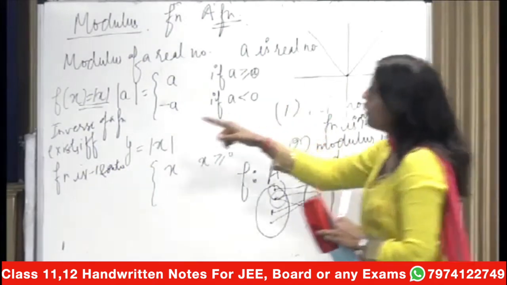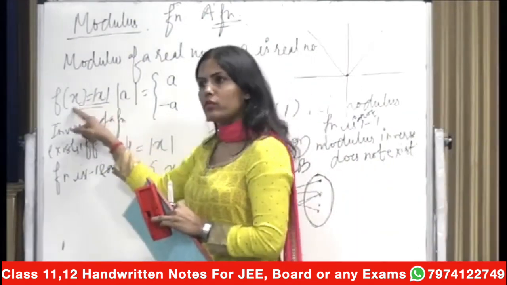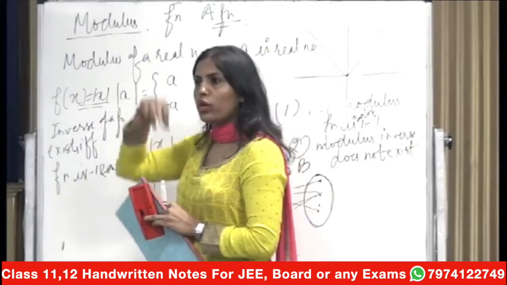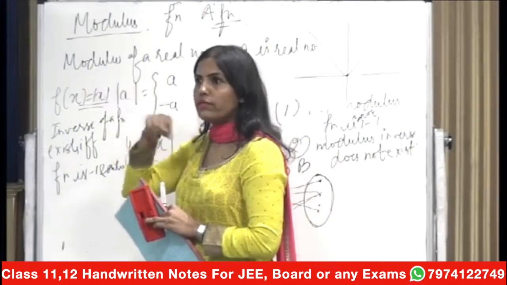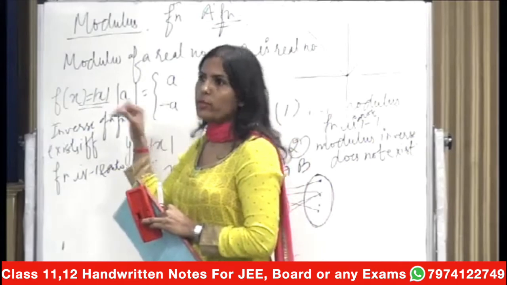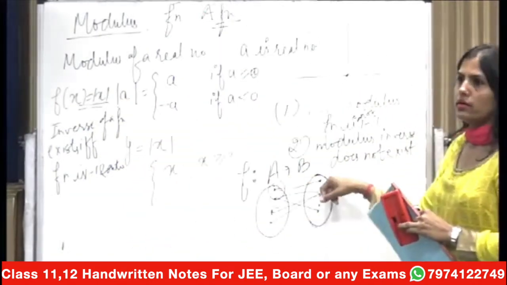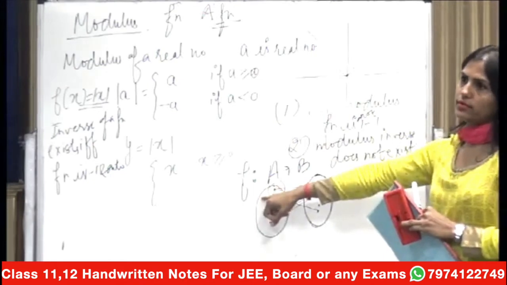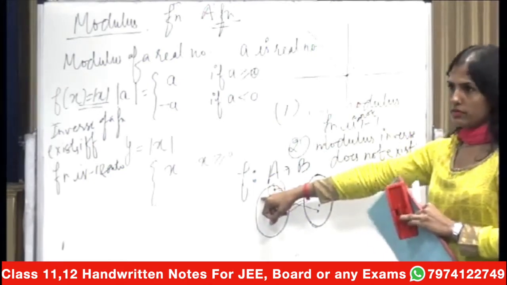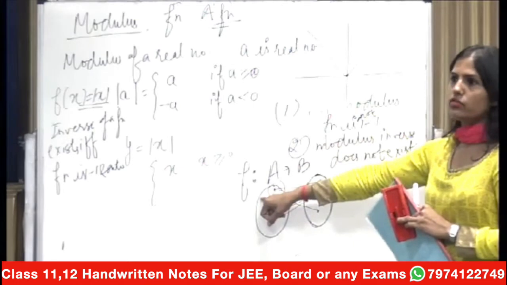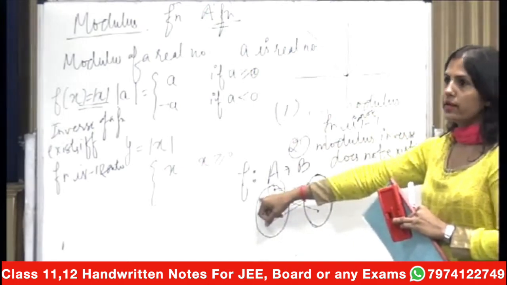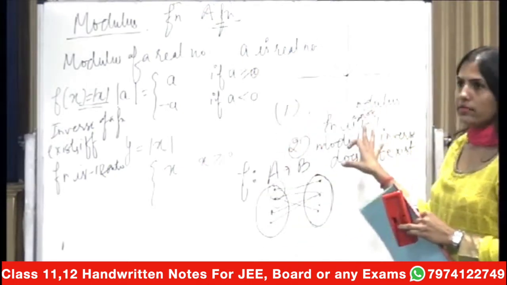But here 1 is going to 1, and -1 is also going to 1. So two elements are going to 1. So one-oneness is not there for the modulus function. Is it okay? If every element here has a pre-image in this set, then we say the function is onto. So this function doesn't have an inverse.